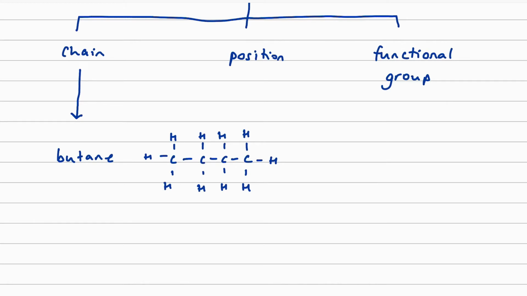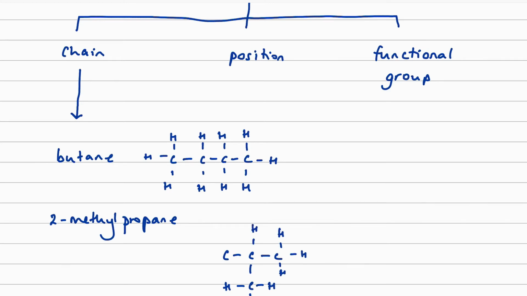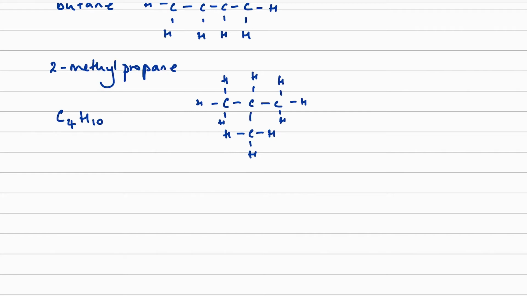And its chain isomer pairing, as it were, would be 2-methylpropane, where I've got 3 carbons and a side group. And as you can see quite clearly, we have still got all the little hydrogens, exactly the same molecular formula. They are both C4H10.